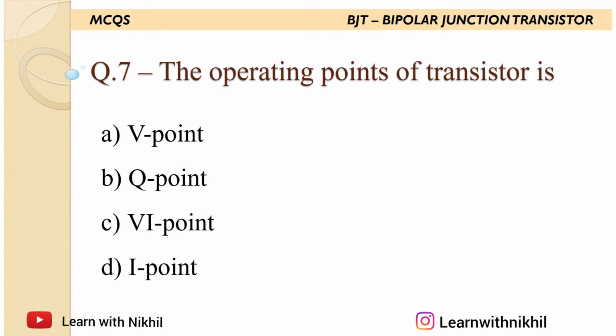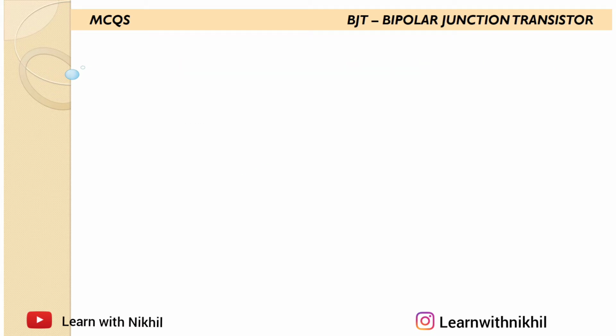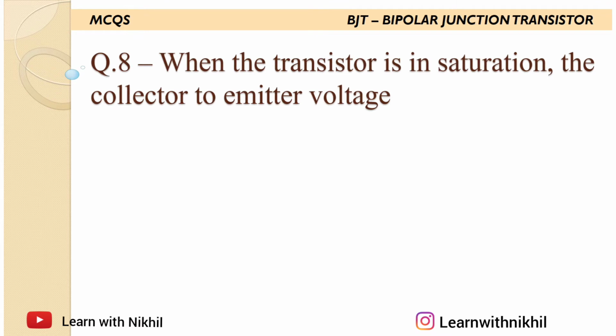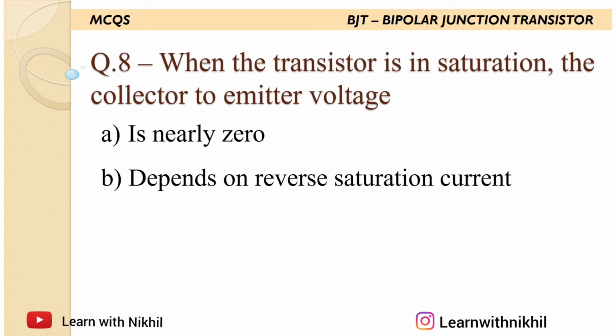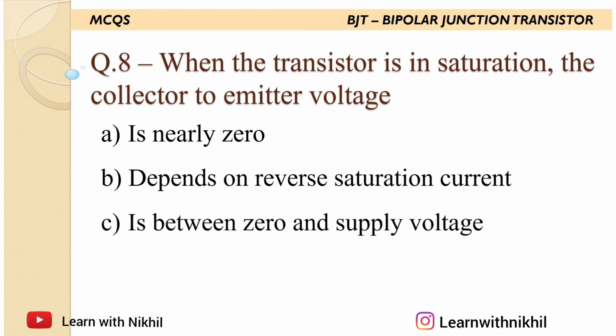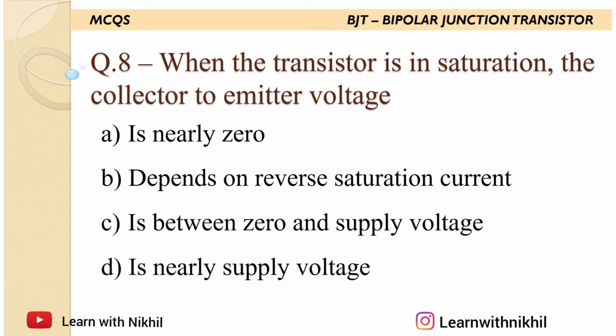And the answer is Q point. Next question. When the transistor is in saturation, the collector to emitter voltage A, is nearly zero; B, depends on reverse saturation current; C, is between 0 and supply voltage; or D, is nearly supply voltage. And the answer is nearly 0.